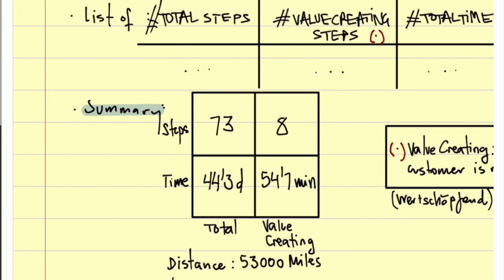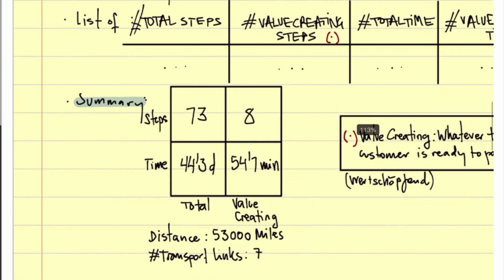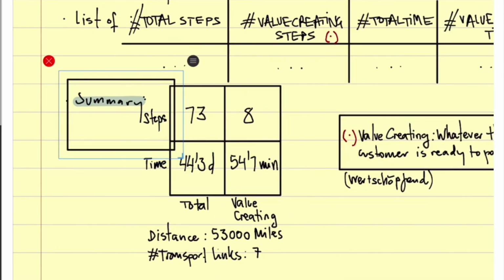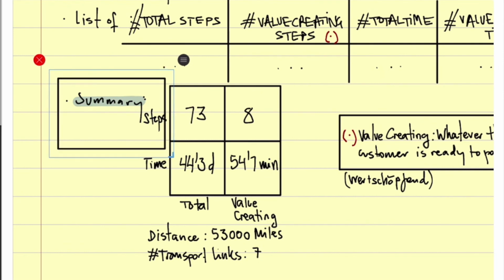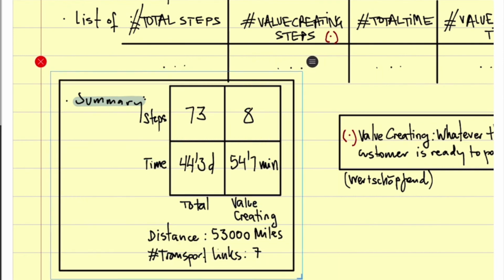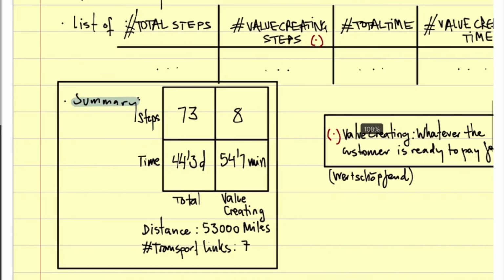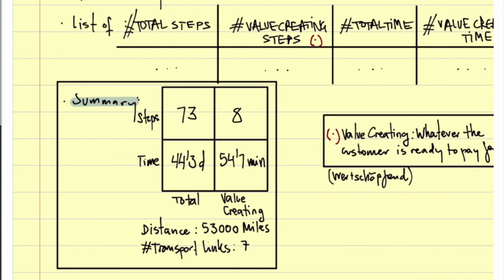And then the number of transport links: every time we need to bring the product down from the truck or from the plane or from the ship and put it into another transportation medium is a transport link. So this is a problem.